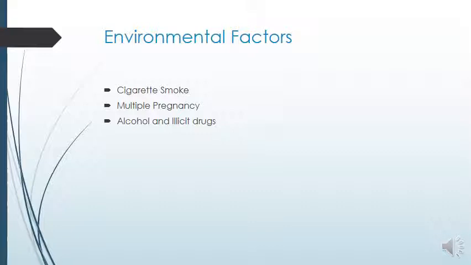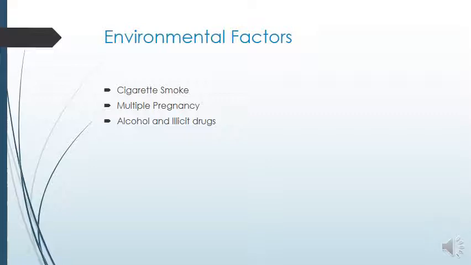Taking a look at multiple pregnancies, if you have multiple births, the babies usually weigh less than infants resulting from a single pregnancy. It is evident that the total metabolic requirements of 2 or more fetuses exceed the nutritional supply available from the placenta during the 3rd trimester.